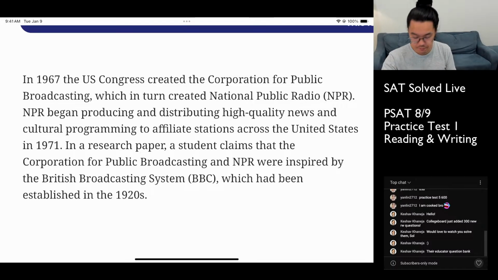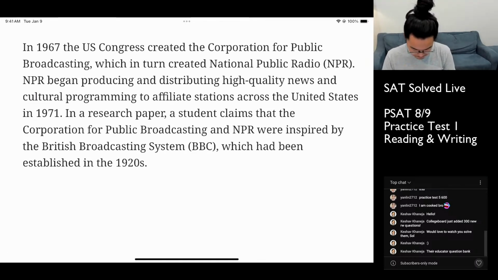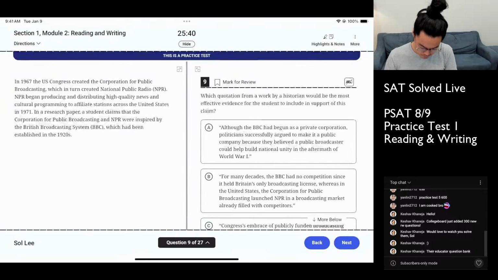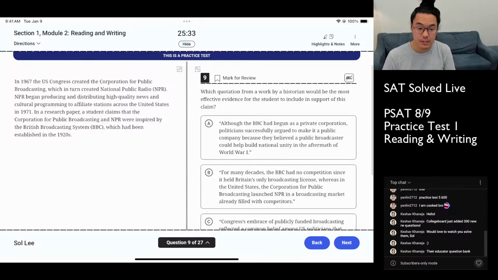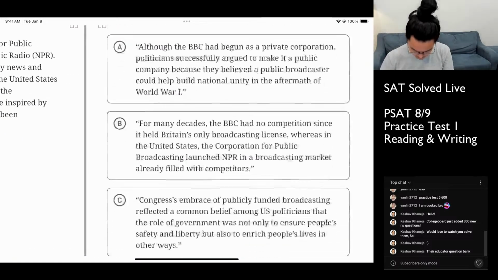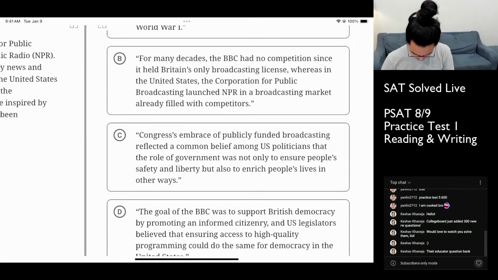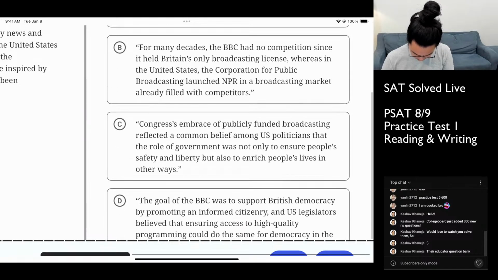1967. Corporation. NPR, U.S. News and Cultural Programming, CPR, NPR, inspired by BBC, 20s, got it. Which quotation would support the claim of the student, which is that it was inspired by the BBC? We just need to have an establishment of an inspiration between those two. C. Congress's embrace of reflected a conflict.